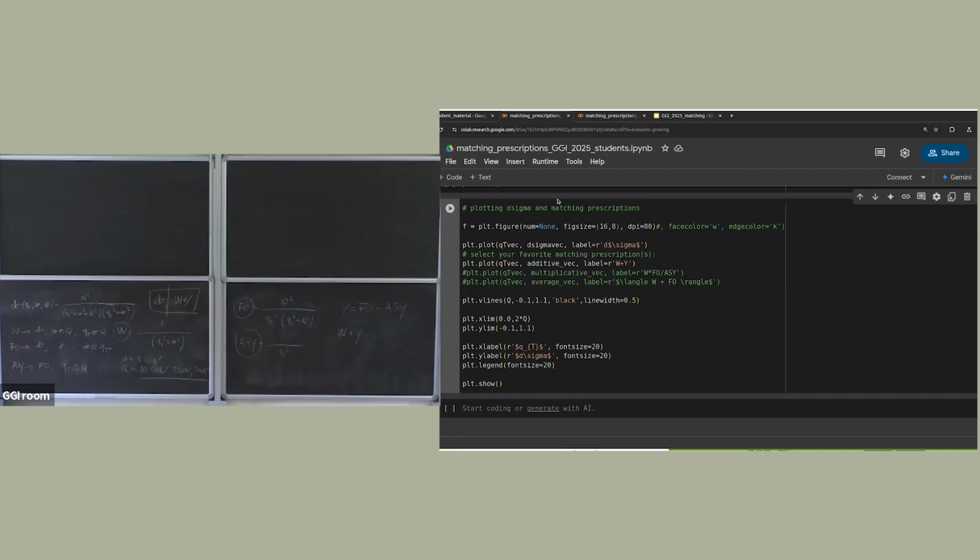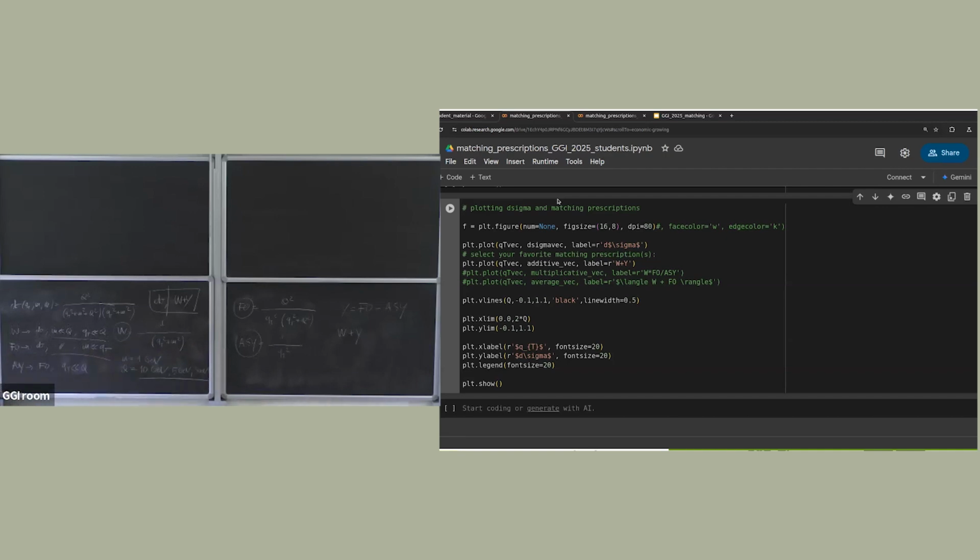This is a hint at what happens in real life. These prescriptions are based on these limits. So if these limits are just approximate or not very well satisfied, of course, the matching prescription does not really reproduce your truth. On top of this, different matching prescriptions perform differently when the scale Q is low.